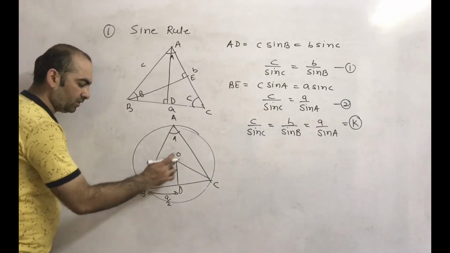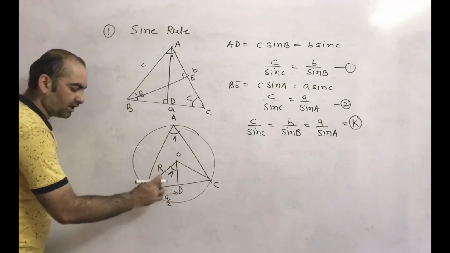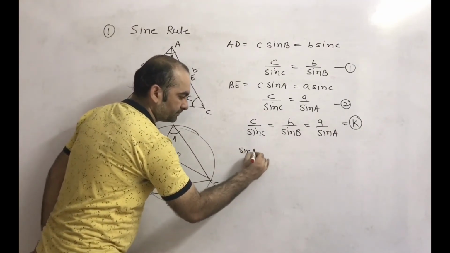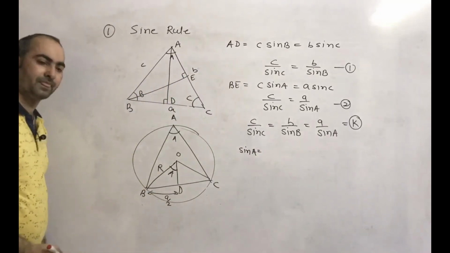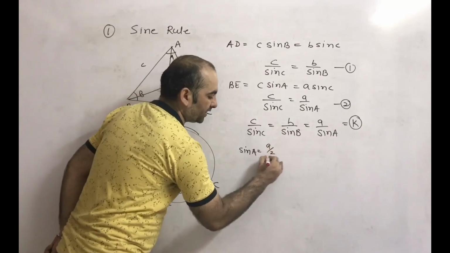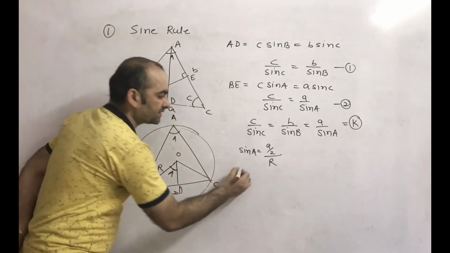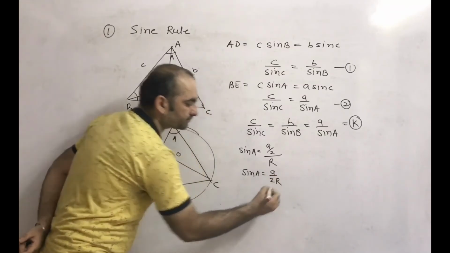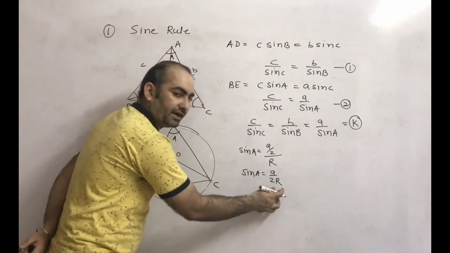Now if you take triangle OBD, this is R and this is a by 2. So from here if you find sine A, it is a by 2 divided by R. So from here what will come? Sine A equals a by 2R. Okay, so sine A we are taking here and 2R we are taking here.